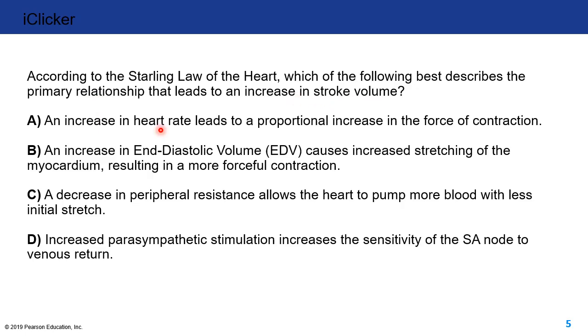So Starling law, you're stretching the heart, right? Let's see what the options are. Increase in the heart rate leads to a proportional increase in the force of contraction. Next option: increase in the end diastolic volume. That's your preload, right? It causes the stretching of the heart, and that is going to give you a more forceful contraction. That sounds pretty good.